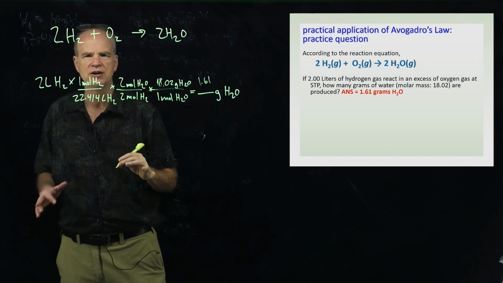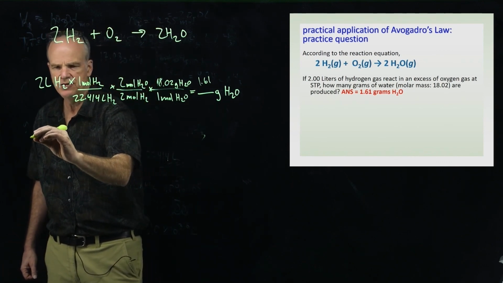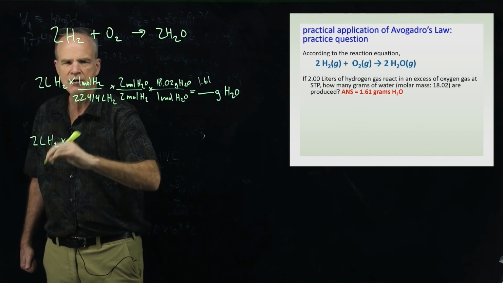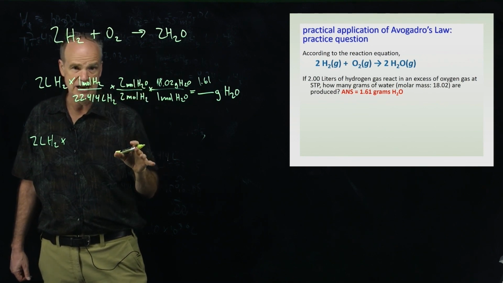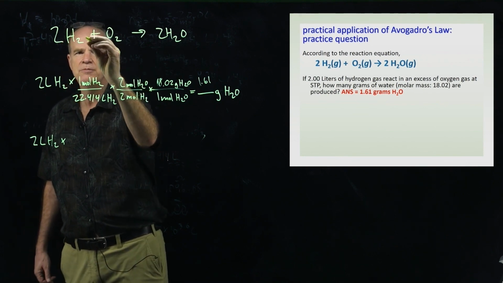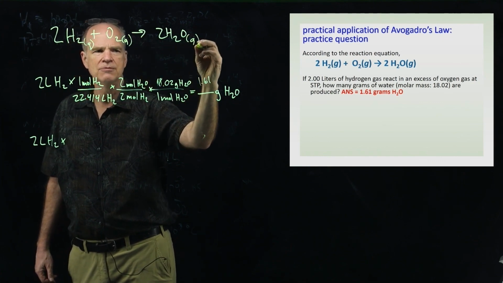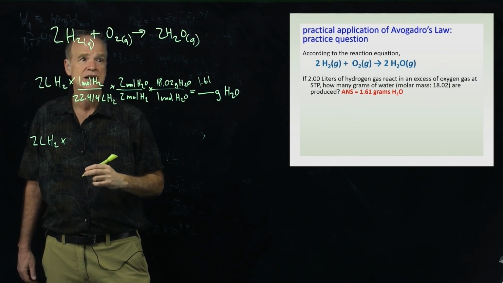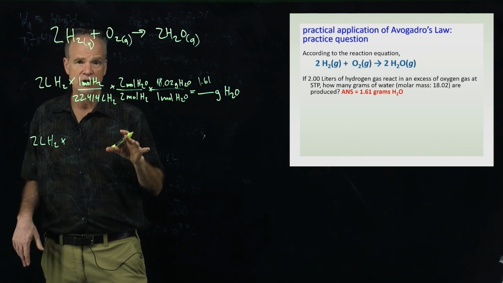Let me show you a second way you can solve the problem. You can start out with 2 liters of hydrogen again. But remember what I was telling you earlier: these coefficients not only indicate a mole ratio, but because the molecules you are comparing here, hydrogen and water, are in the gaseous state, you can also think of these coefficients as being a volume ratio.